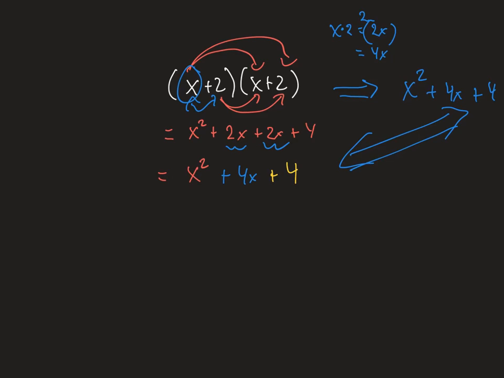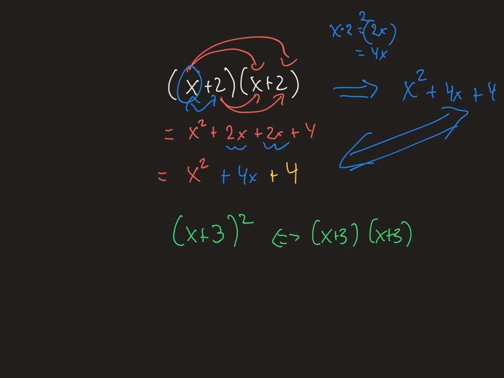So let's say I give you x plus 3 squared. Well, x plus 3 squared is the same thing as saying x plus 3 multiplied by x plus 3. Now you could do the distribution, collect your like terms, waste your time.